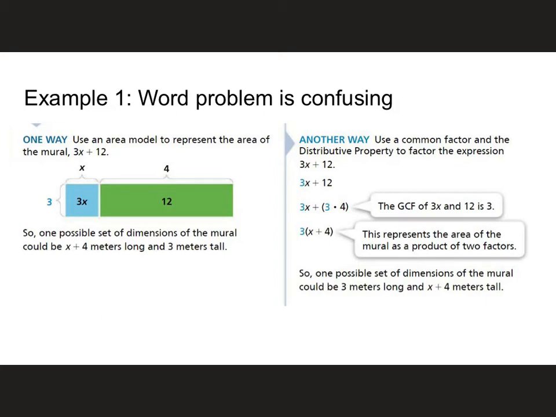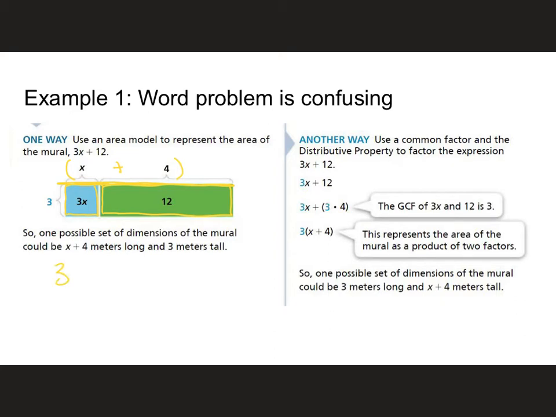So what they want to show you is if this rectangle here was 3 times x is the area, and this was 3 times 4 is the area, which is 12, then I could say that the other way to find the area is to say, well, this side here is really x plus 4 if I add it together, and this side is 3.